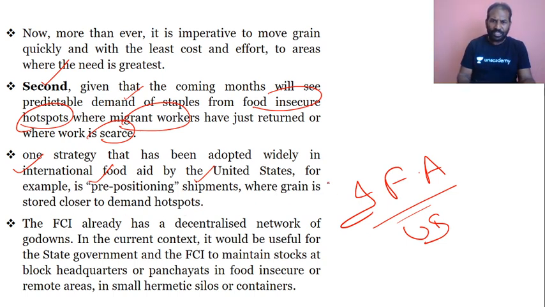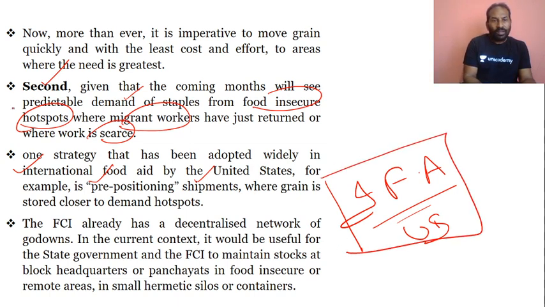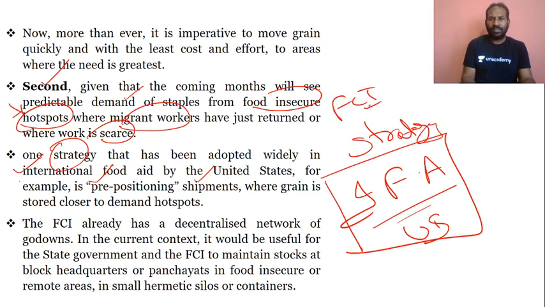So look at this point again, you can put it in mains. In regards to the hotspots, because of COVID-19, the FCI can adopt what strategy? The international food aid strategy of the USA: pre-positioning.